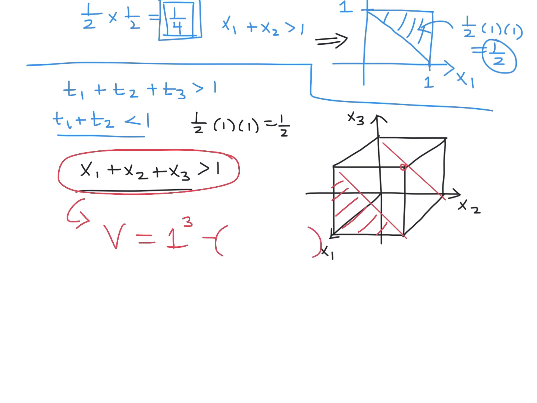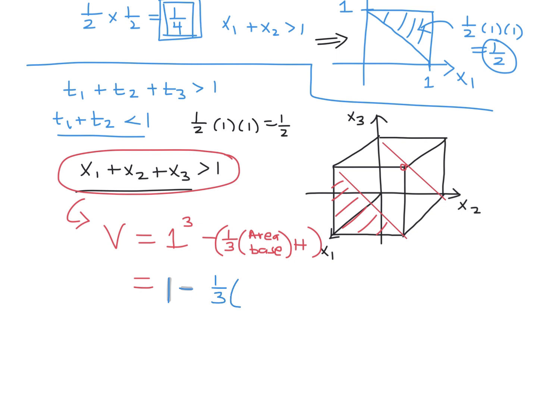The volume of a tetrahedron is 1/3 times the area of the base times the height. So this is going to be 1 minus 1/3 area of the base.